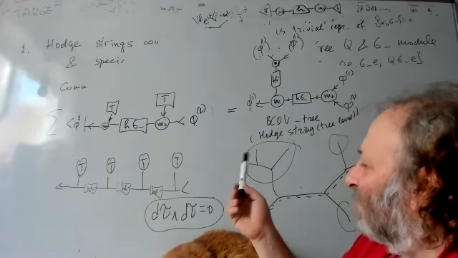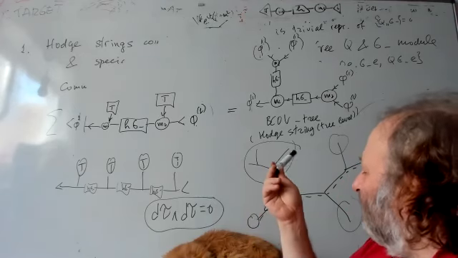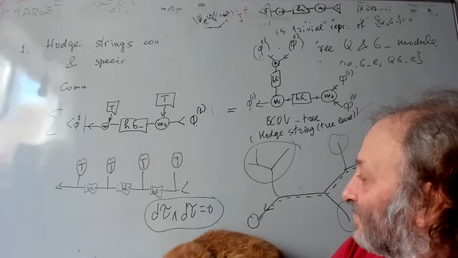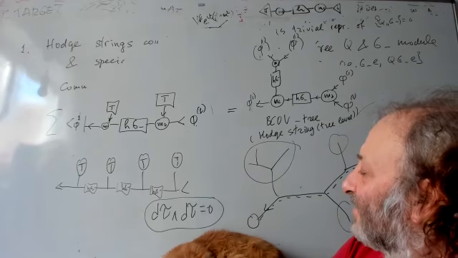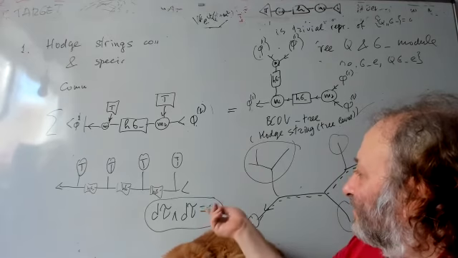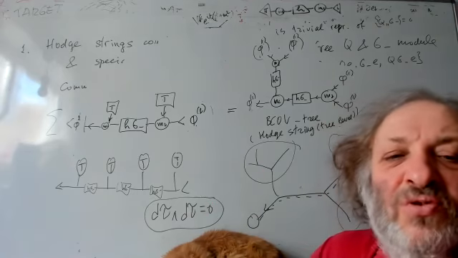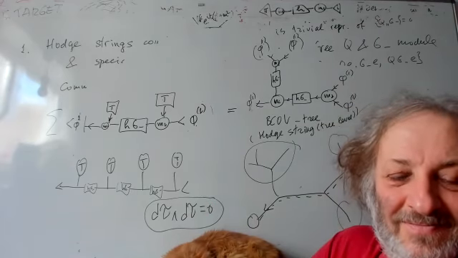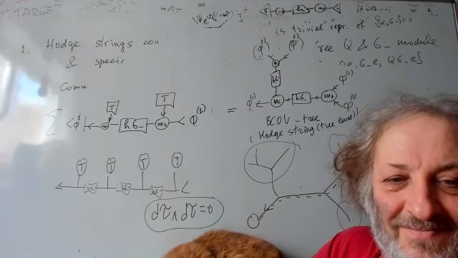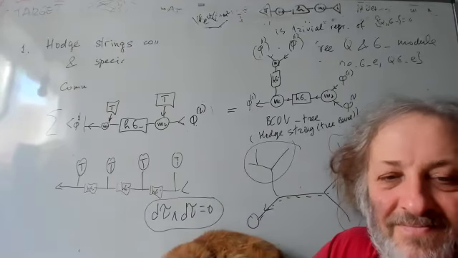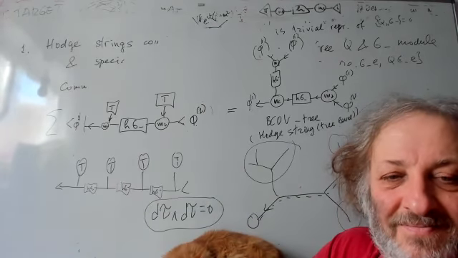So in the Hodge string construction, WDVV comes as commutativity with the Todorov element. Okay.